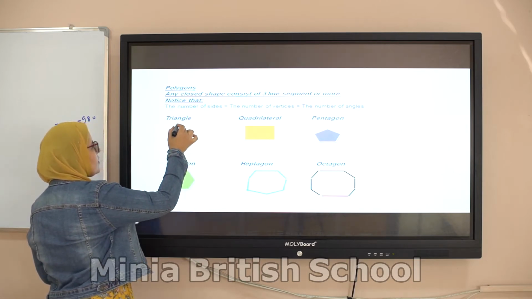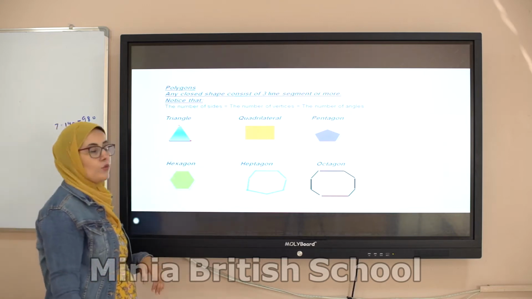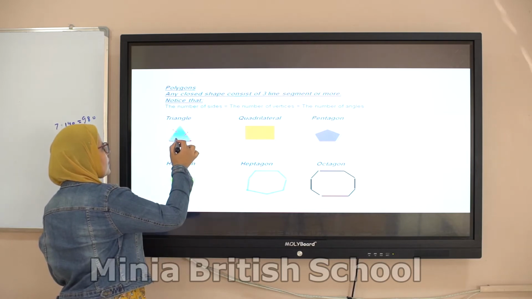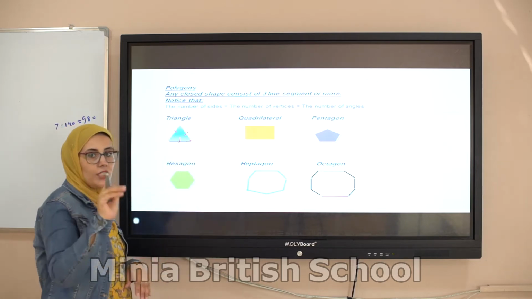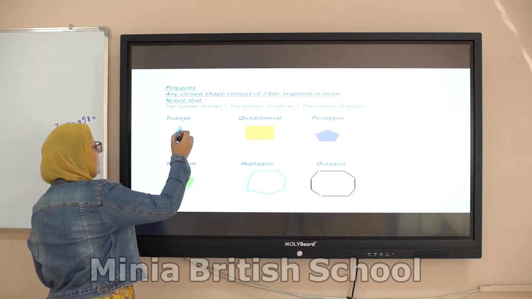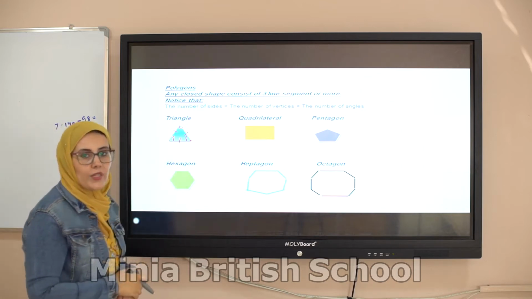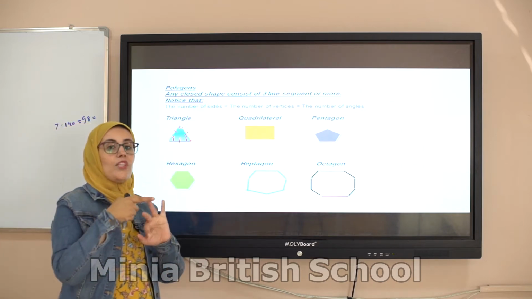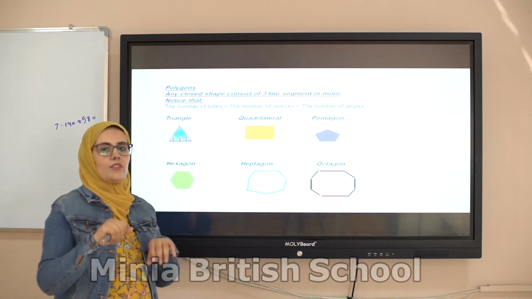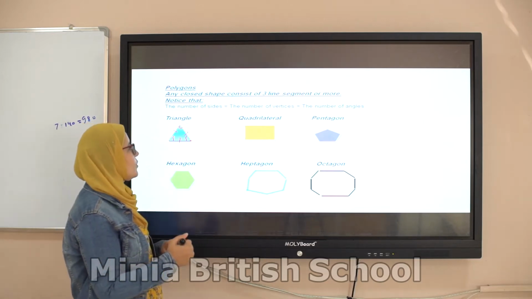So it consists of 3 vertices, 3 sides, this side and this side and this side, and 3 angles: here an angle, and here an angle, and here an angle. So the triangle consists of 3 sides, 3 angles, and 3 vertices. This is the first polygon.